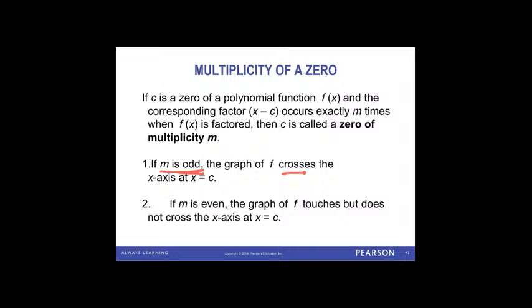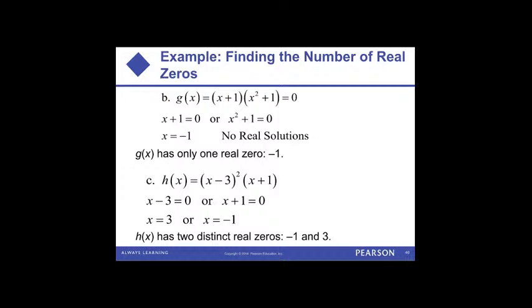If the multiplicity is even, it's going to touch or bounce, but does not cross the x-axis. Like for instance, if we were to look at the graph of part C, it's going to bounce off the graph at x equals 3, but it'll cross when x is equal to negative 1. This is the multiplicity.